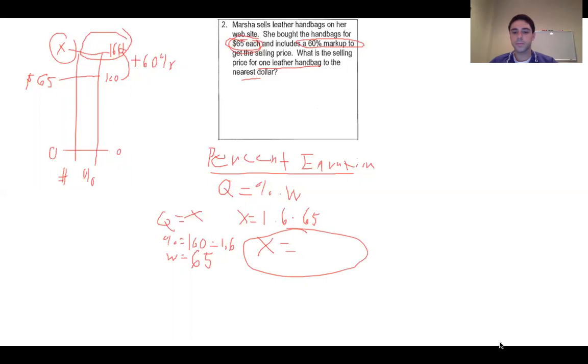And what is X going to equal? What do we think, folks?